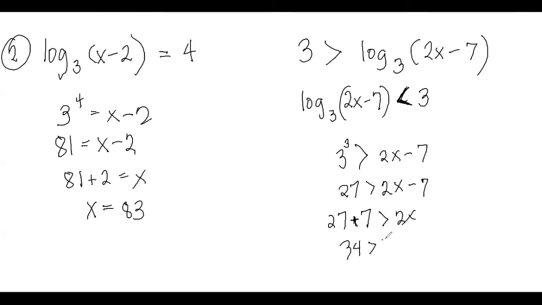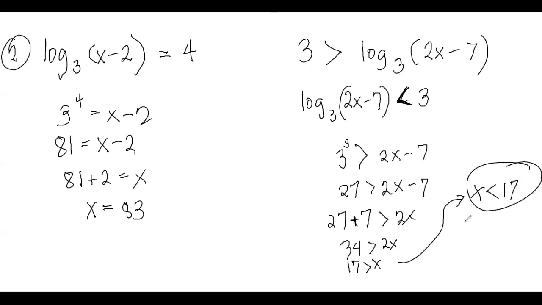Divide both sides by 2. So, 17 is greater than x. Class, pag binaliktad, si 17 greater than x, babaliktad din yung symbol. So, x is less than 17. Yung iba sa inyo, nagsistay lang yung symbol.